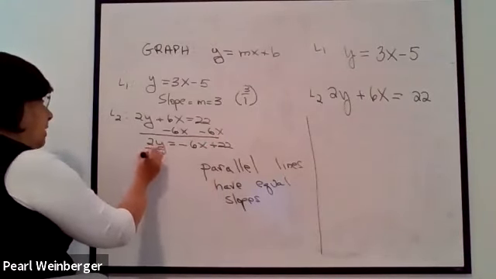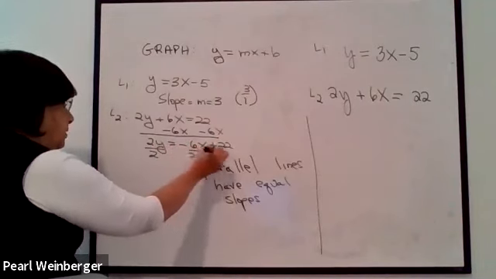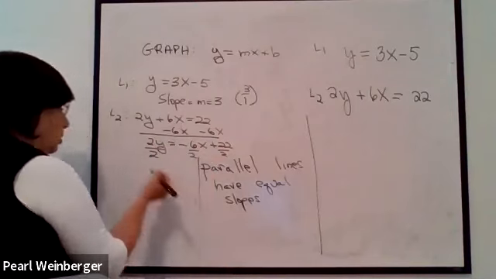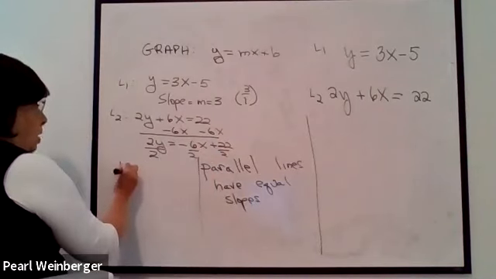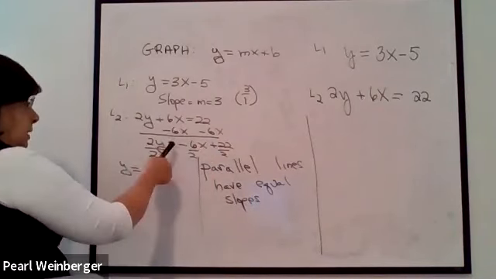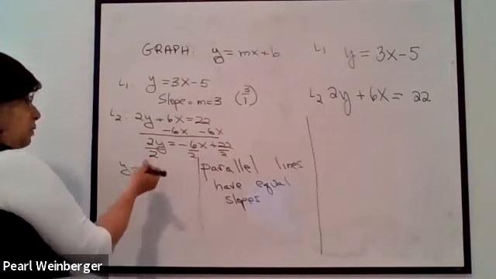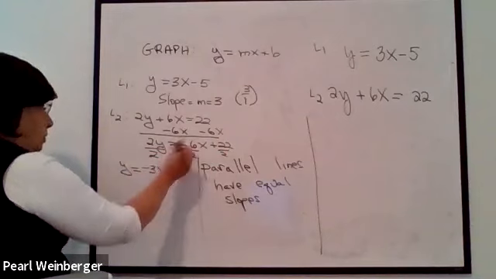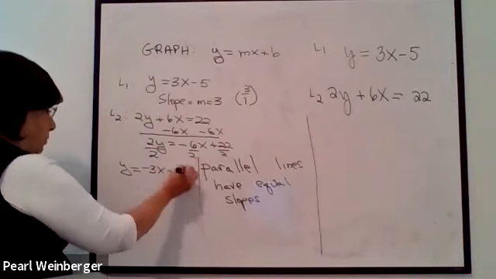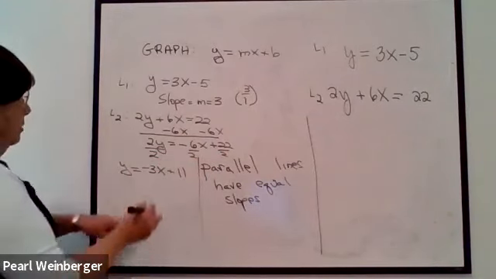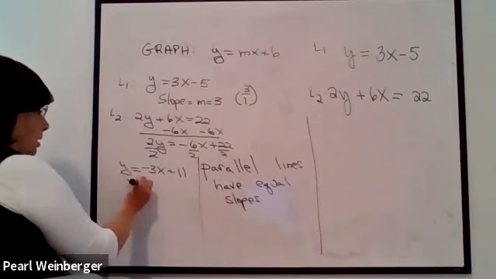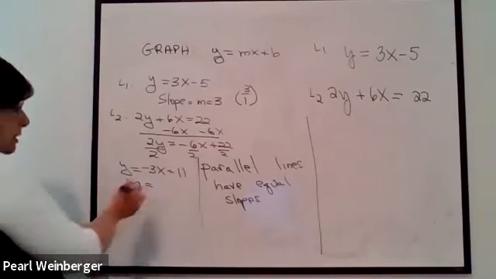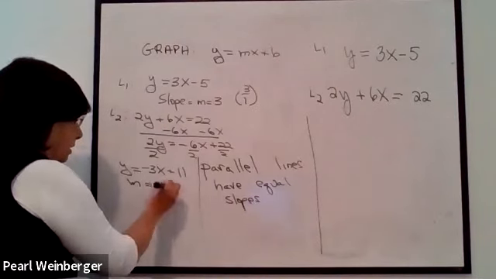And then I have to divide everything by the 2 because I want to get the y alone. So that I end up with y equals negative 6 divided by 2, which is negative 3x, plus 22 divided by 2, which is 11. And the slope here happens to be, now the number in front of the x is negative 3.